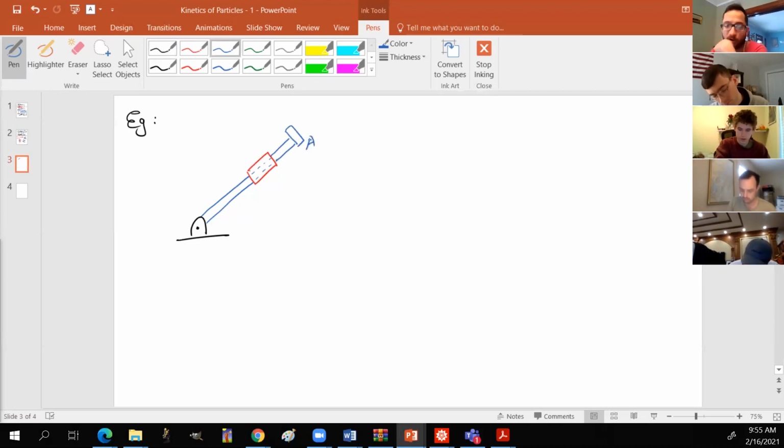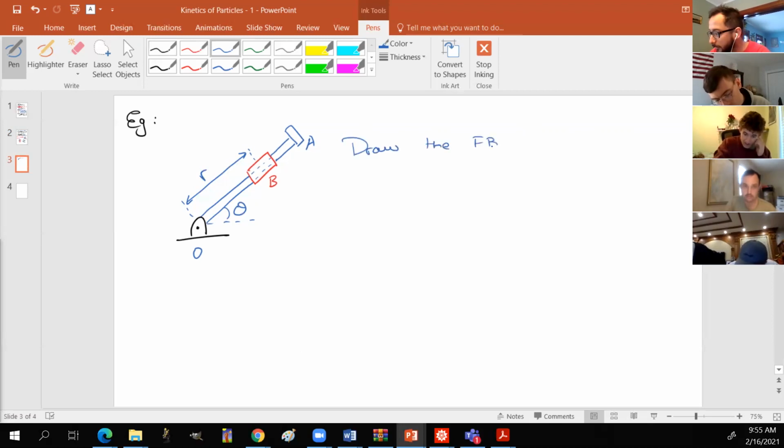Say that the rod is A, and let's say that this collar is B. Let's say that this angle is theta, and the position relative to this point O of the center of the collar B, let's say that it is R. And what we want to do is draw the free body diagram and the kinetic diagram for collar B. And we're assuming no friction between rod and collar.